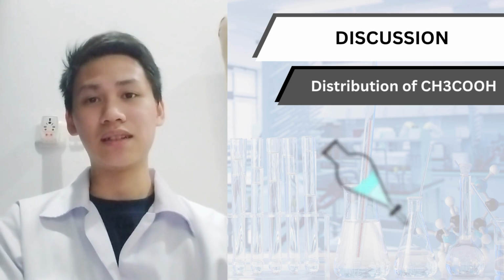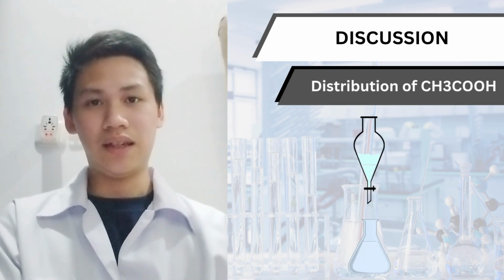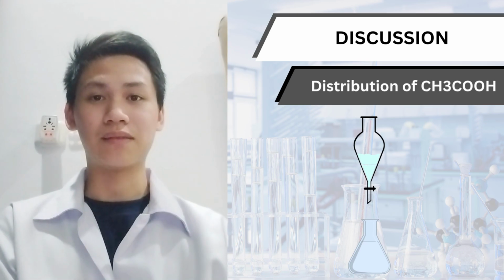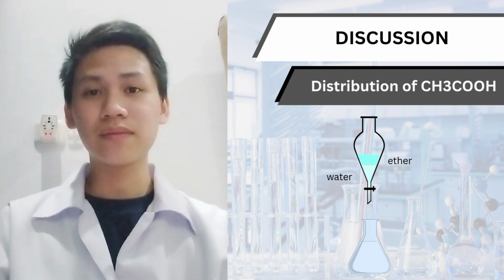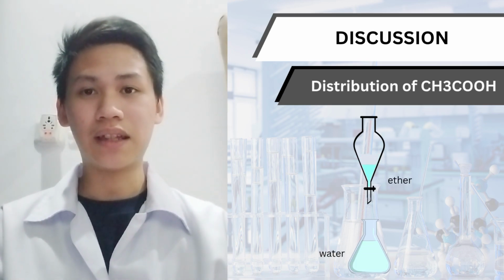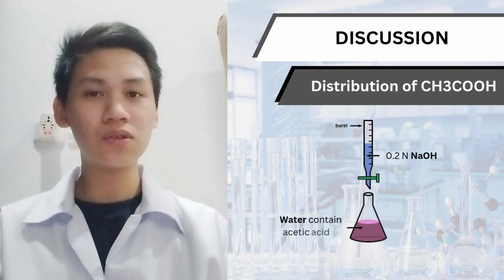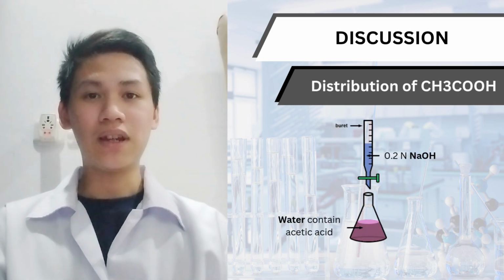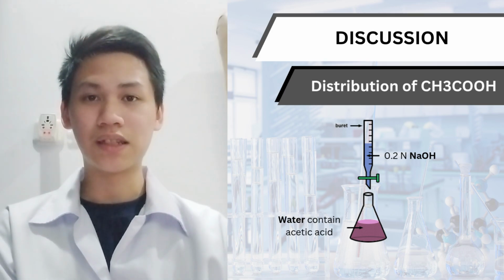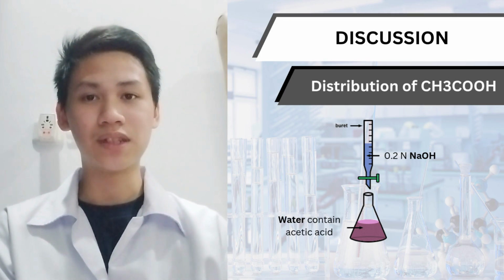Shake thoroughly until equilibrium is reached, then allow the phases to separate, water and ether. Separate the aqueous layer and titrate it with 0.2 normality of NaOH. Calculate the concentration of acetic acid in the solution.